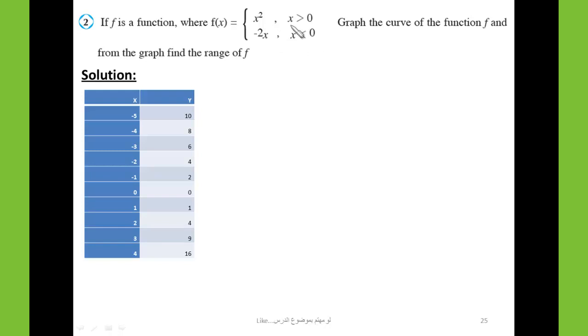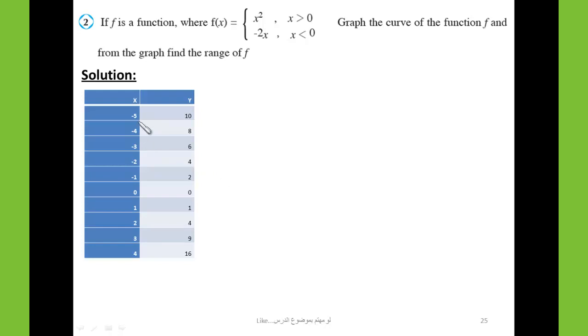For this, we take x equals 0 here, but it will not belong to the curve of the function, because x is greater than 0 and also x is less than 0. So after we represent this point 0 and 0, we put a circle to express that the point 0 and 0 does not belong to the domain, and also does not belong to the range.